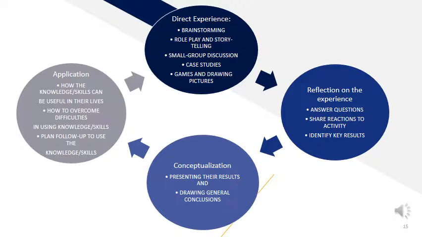How the skills or the knowledge can be useful in the lives of yourselves, of your peer trainers, and of the potential students you teach after. How to overcome difficulties in using knowledge and skills, and to create follow-ups on increasing these knowledge and skills.